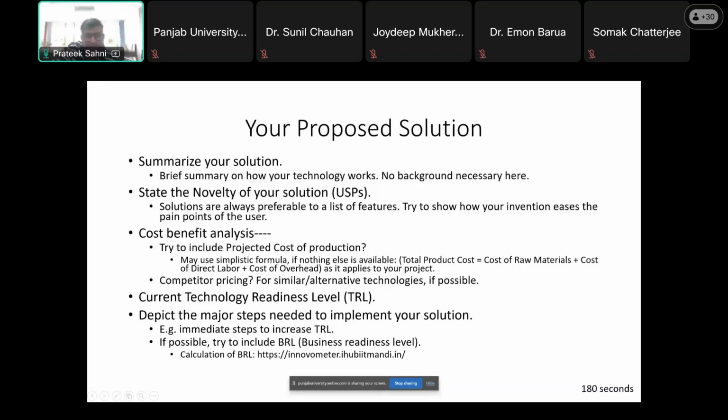Now, your current technology readiness level, TRL, is a simple number for now. The next point deals with how you are going to implement your solution, which logically means what steps you need to perform to actually increase your TRL level by 3 points.